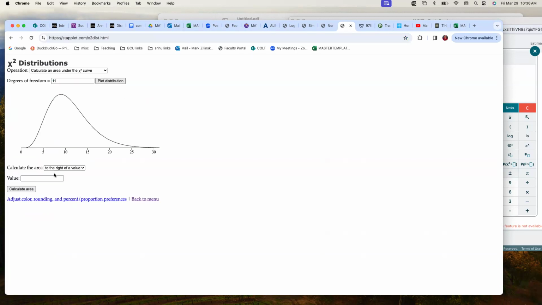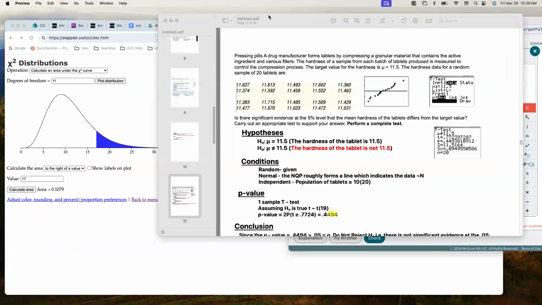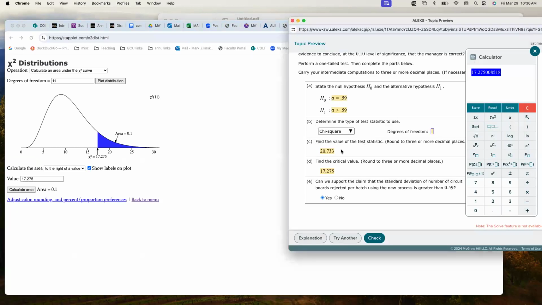We're going to the right of 17.275. Calculate that area. There's our 0.1. So if I show those labels here, like that, and get back here.